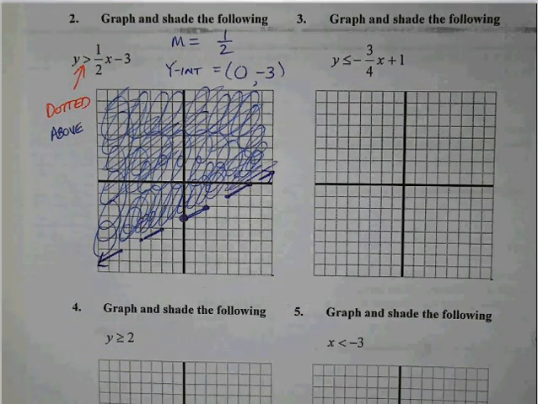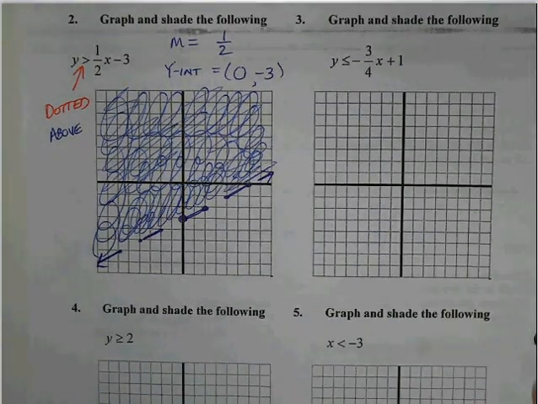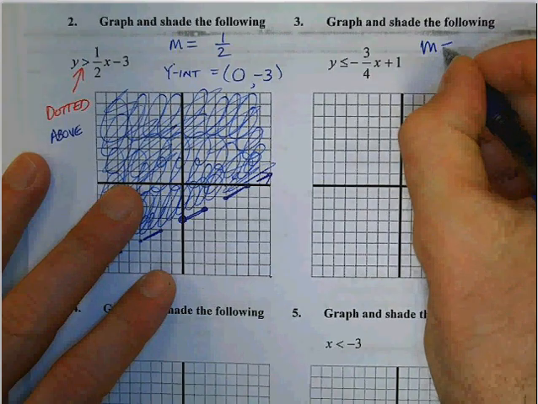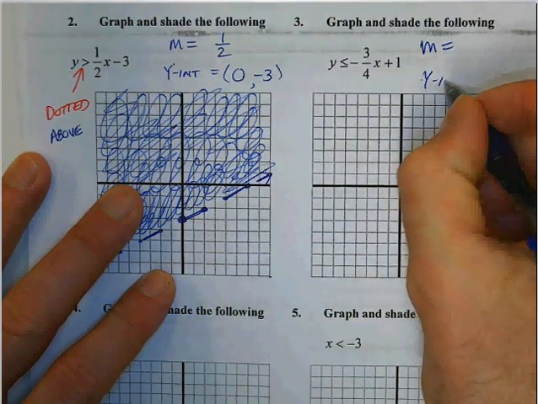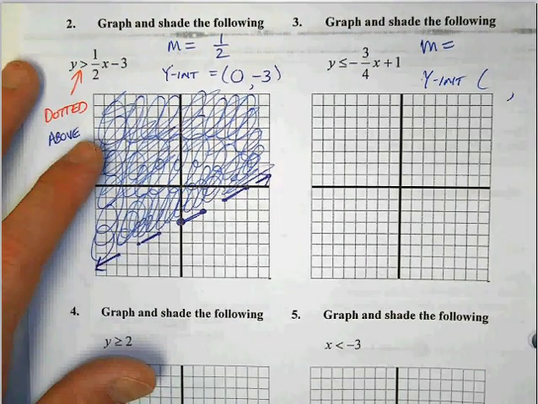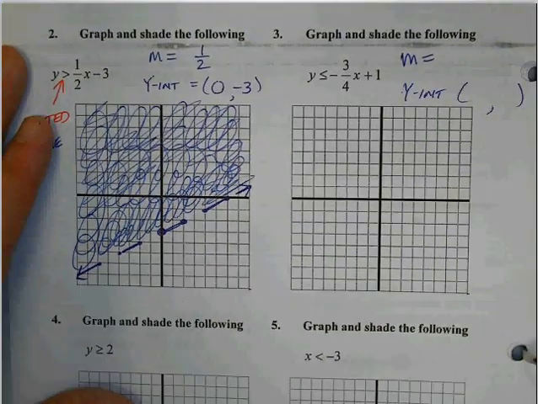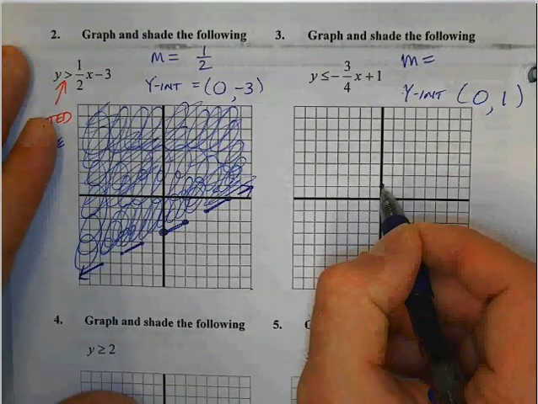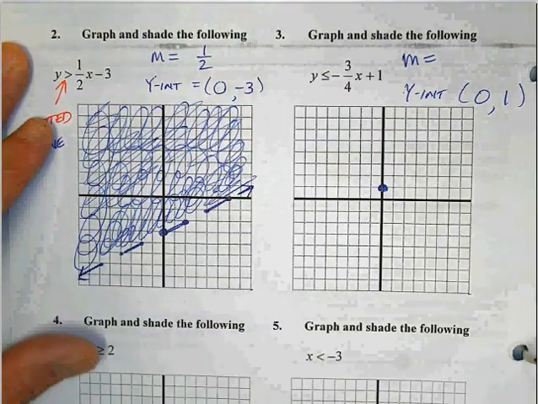All right, moving over. Let's look at number 3. Same question. Someone give me the slope. Someone else give me the y-intercept who didn't do it last time. Drew. Y-intercept is 0, 1. Okay, so everyone put a dot at 0, 1. Someone else, give me the slope.